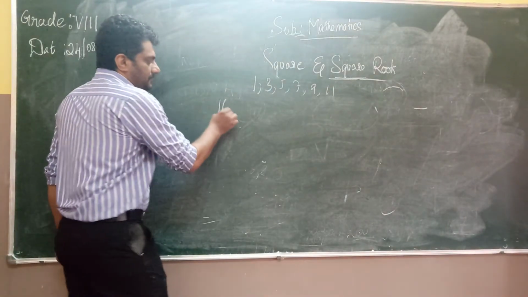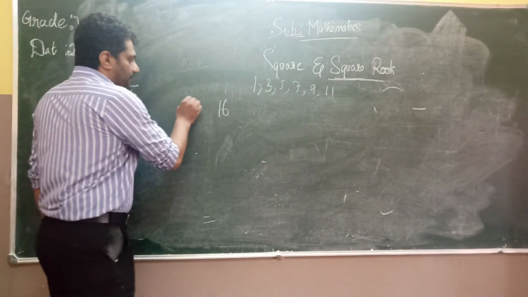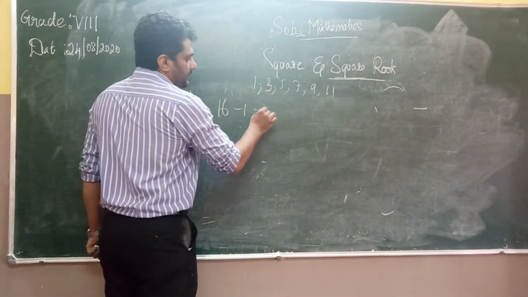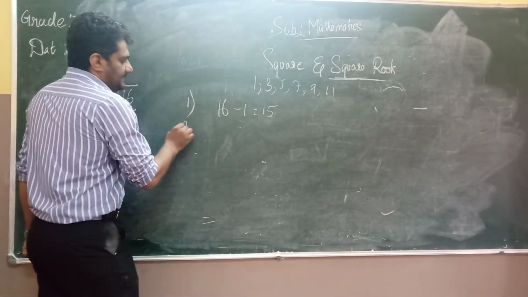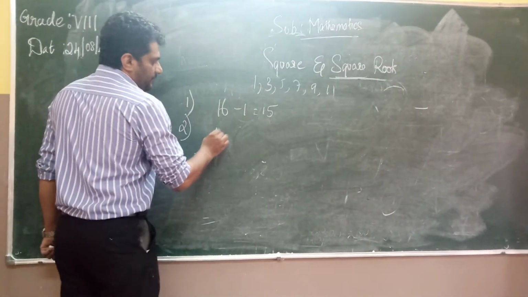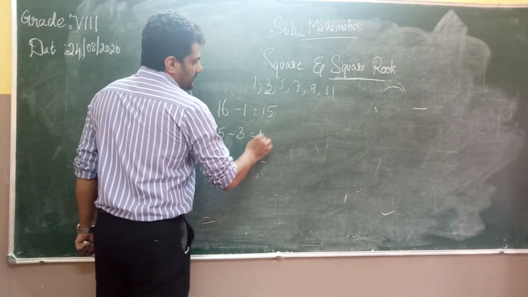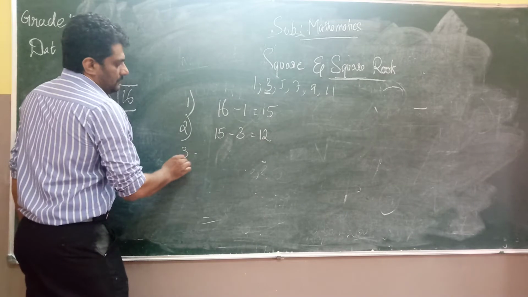take the number 16. First step, 16 minus 1 is 15. Second, take 15 minus 3, which is 12. Good.